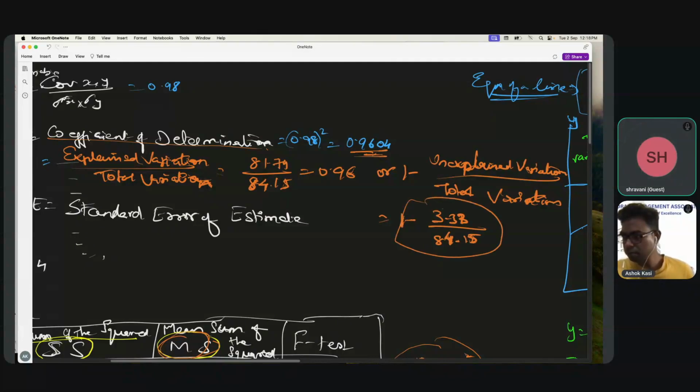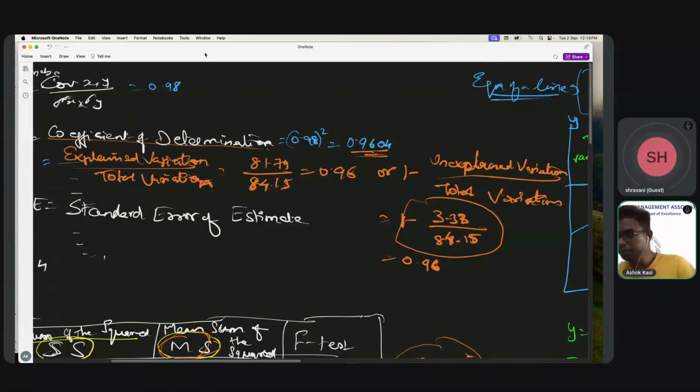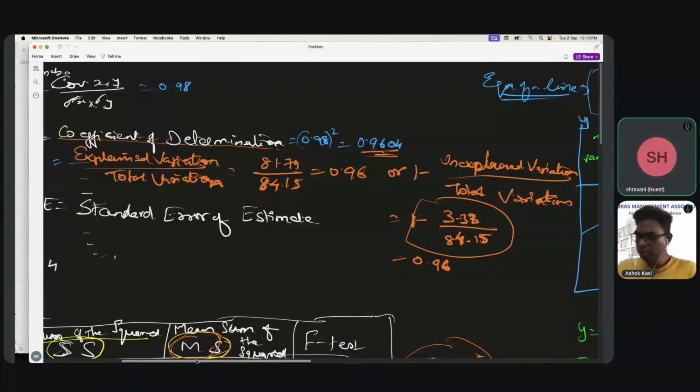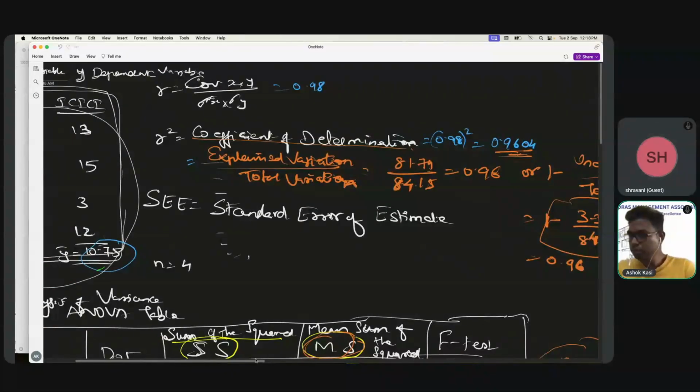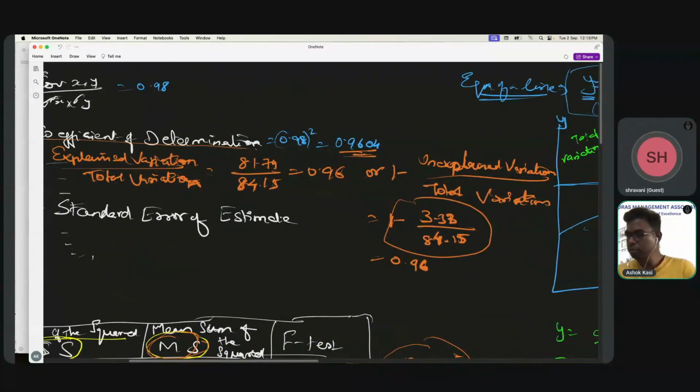Calculate this now. You should again get 0.96. So you should know all these formulas, because you never know how the question will come. They might give you unexplained and total variation and then ask you to calculate R square. Then you have to use this formula. So this is also done.